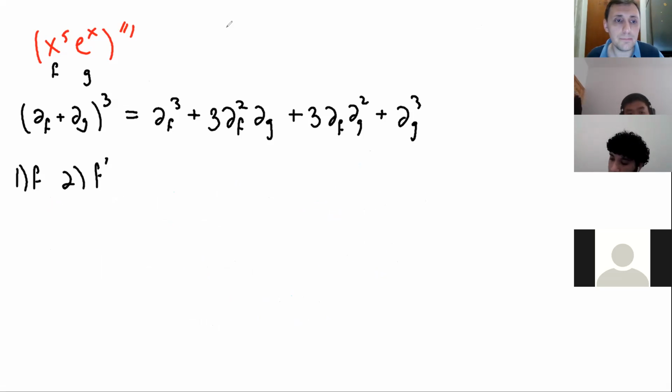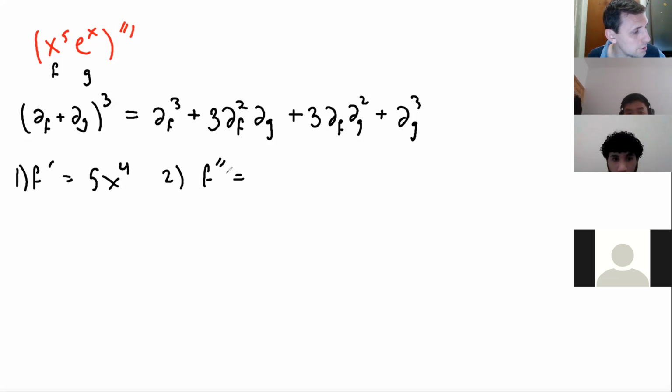Let me write it this way. The derivative of f prime is 5x to the 4. Then I need 2, the double derivative of f, which is 5 times 4, which is 20x cubed. And then I need 3.